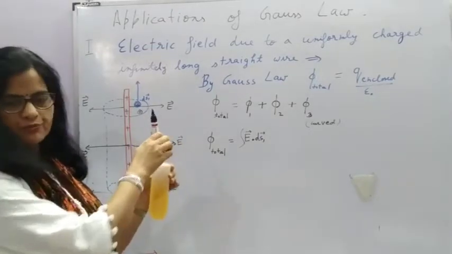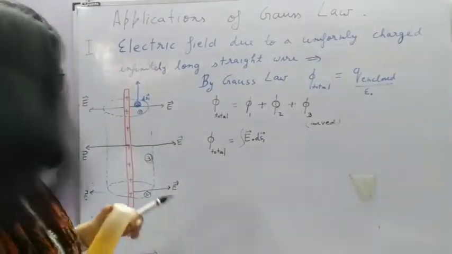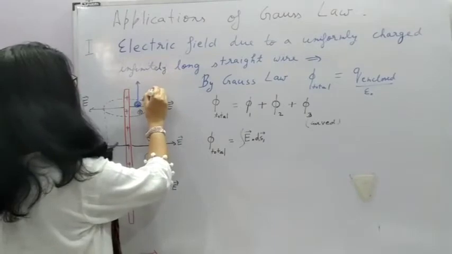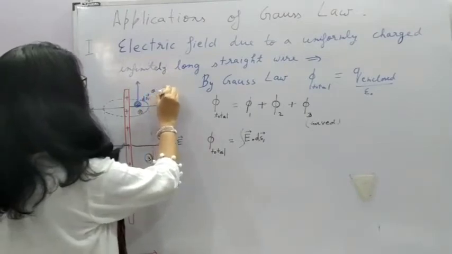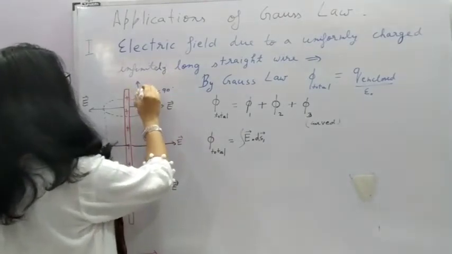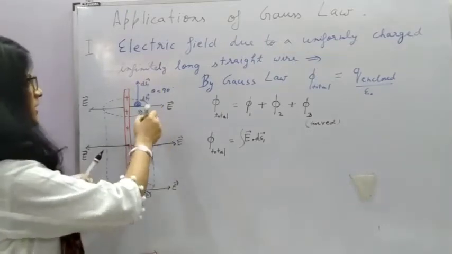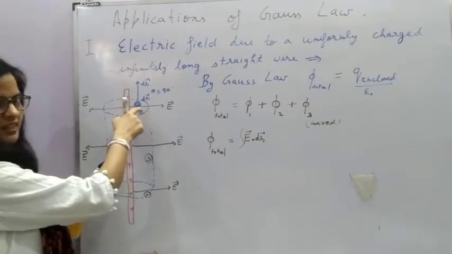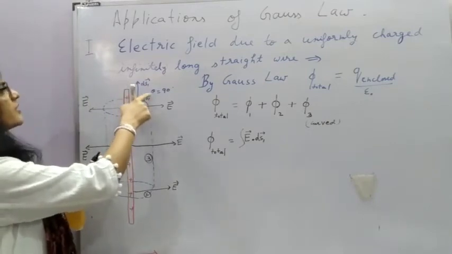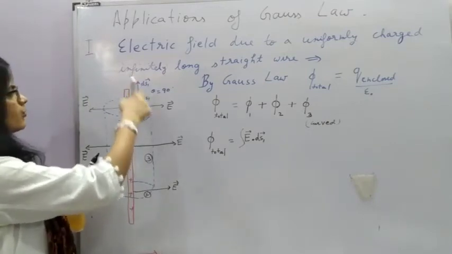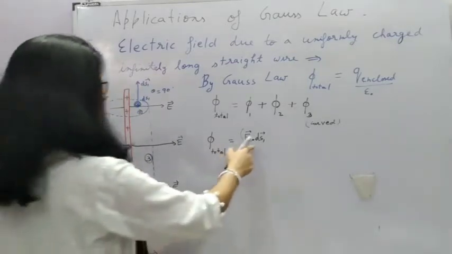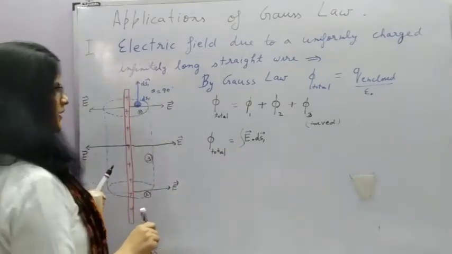So we can say that the angle theta is 90 degrees between the ds1 vector and the E vector. E dot ds1 we will mark in the next step.